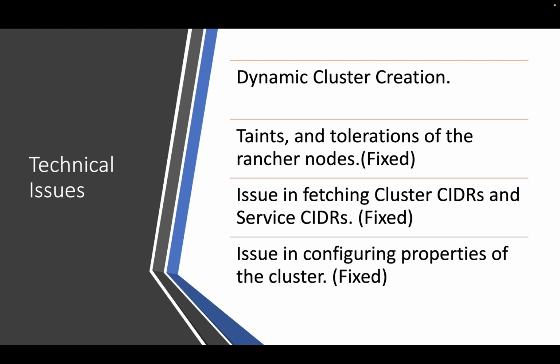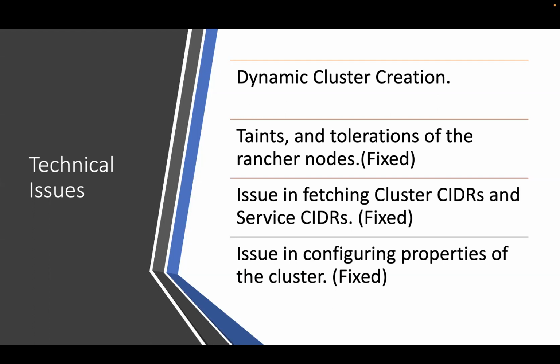And then the third issue was configuring properties of the cluster. There were a few properties like the service cluster IP range itself. Generally, we can provide the service cluster IP range in the YAML file and apply that, but in the case of the Rancher cluster, that cannot be done. We need a particular template and a few properties to be set up to have the service cluster IP range and the cluster CIDRs in place.